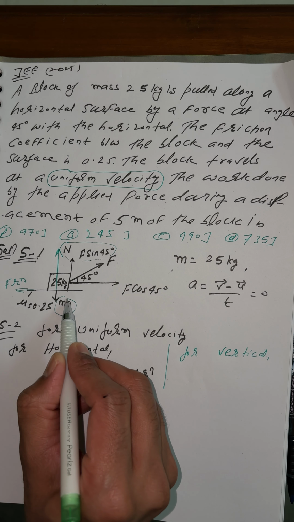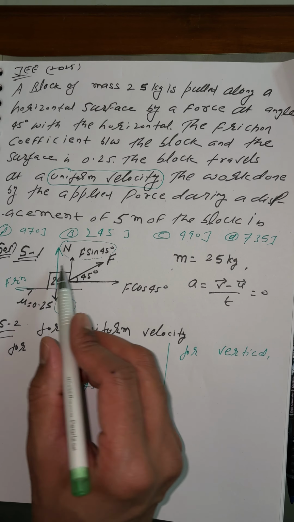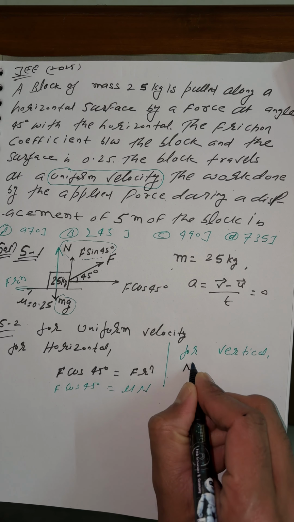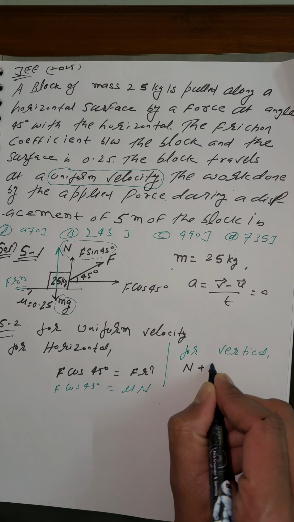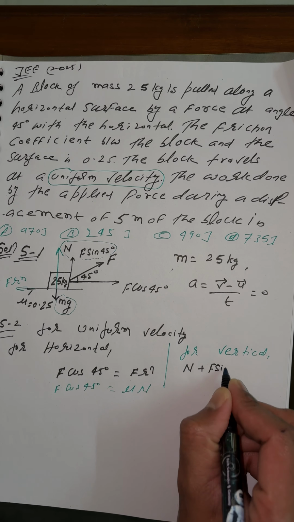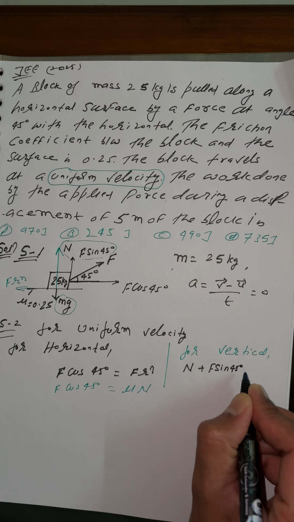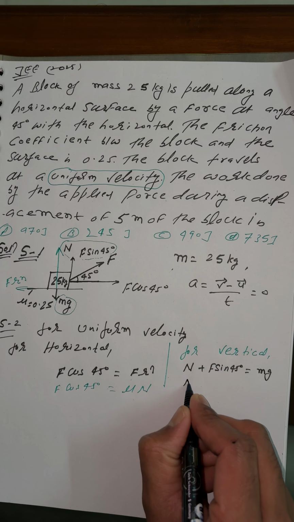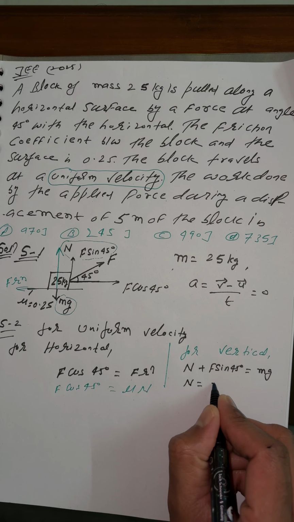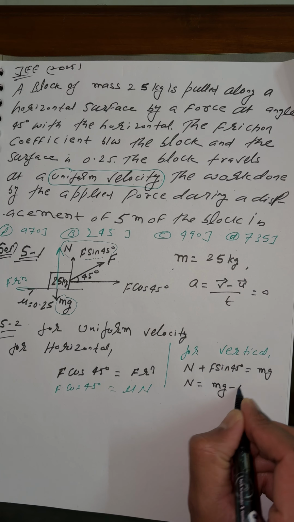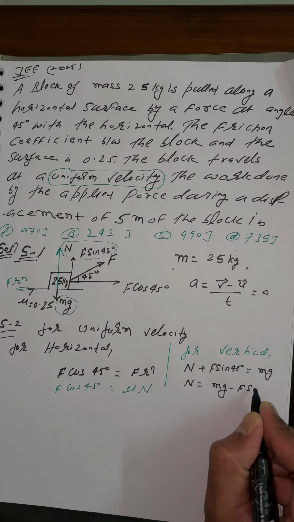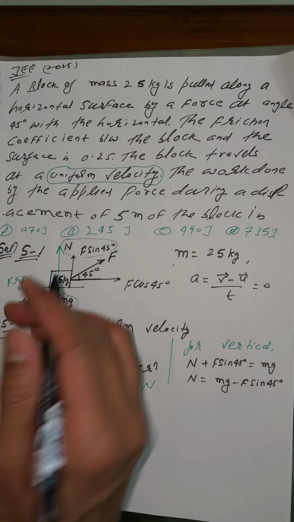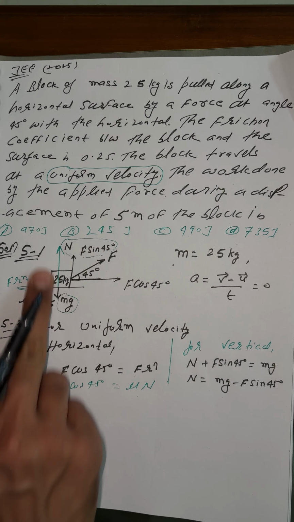In the upward direction, you can write freely, normal plus F sin 45 degree is equal to mg. So finally, students, you got normal, this is mg minus F sin 45 degree. So I have finished the free body diagram.